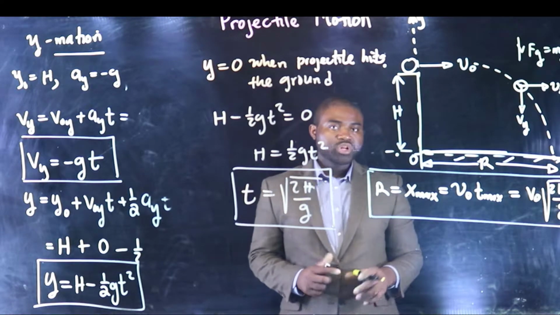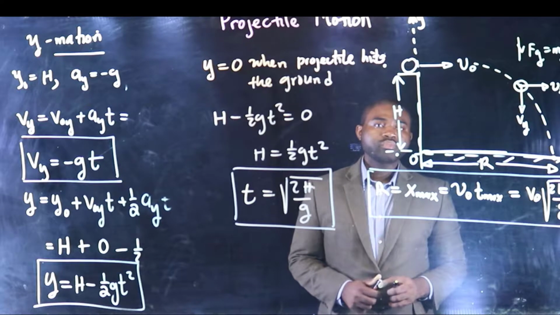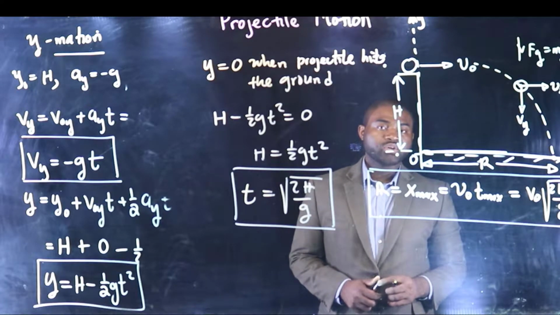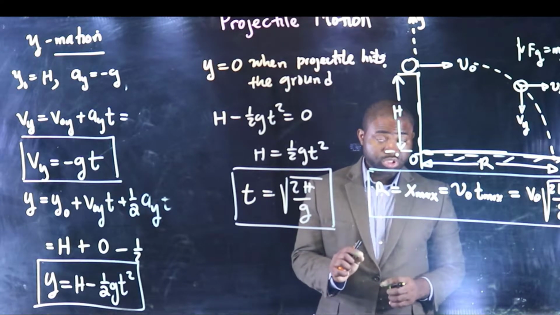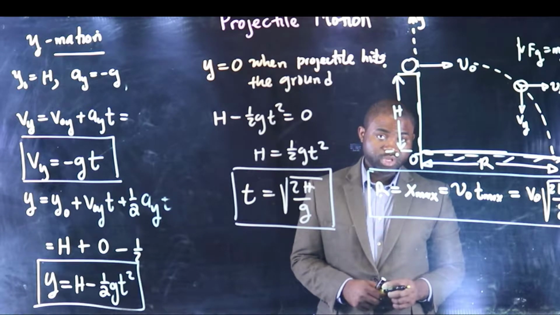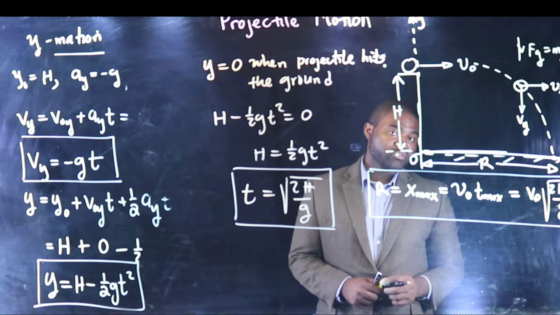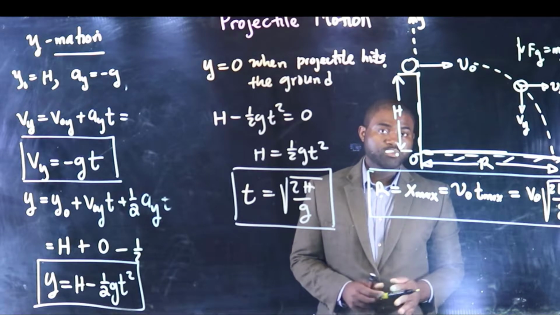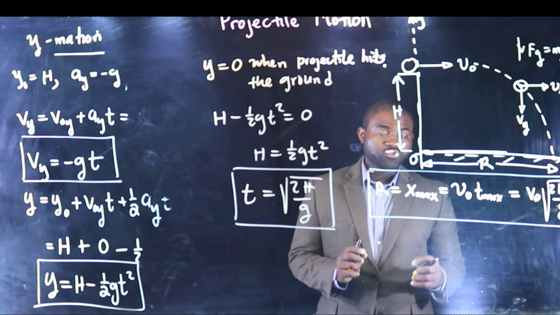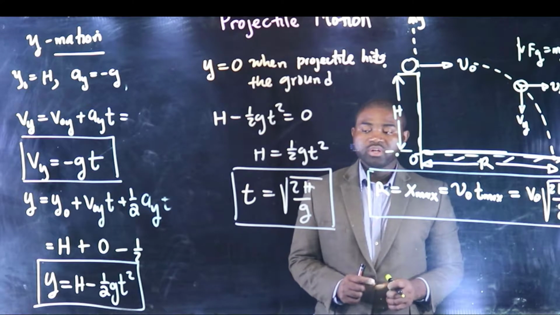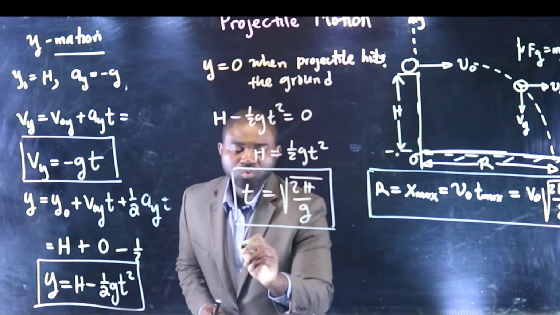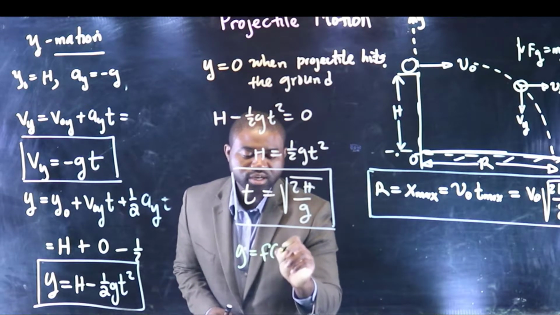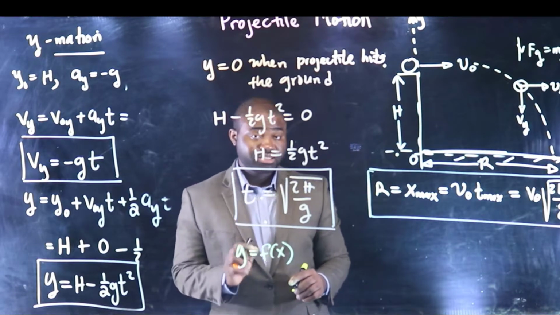Sometimes you will be required to write down the equation of motion of the projectile. A fancy word for that expression is what we call the projectile path. The equation of motion of a projectile is usually y expressed as a function of x.